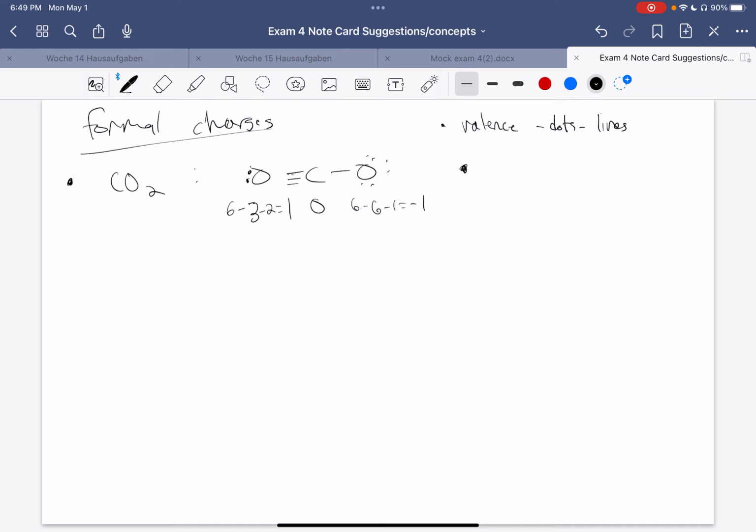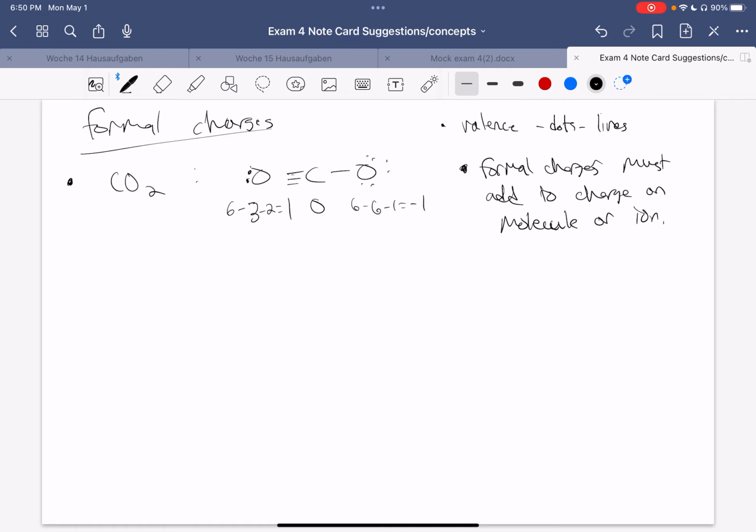Another rule is that formal charges must add to the charge on the molecule or ion. When we add these two together, we get 1 plus -1, which is 0.